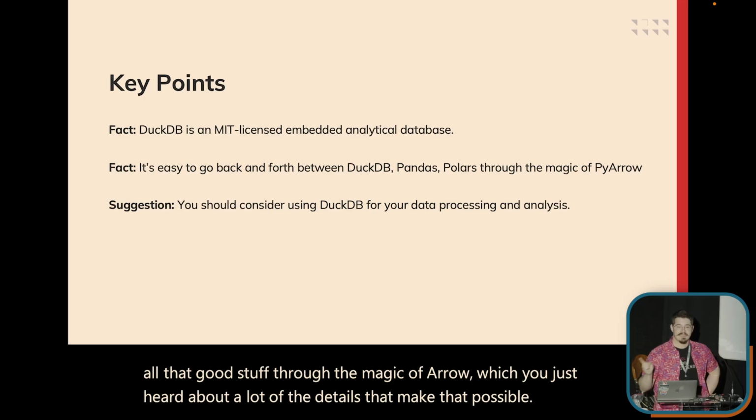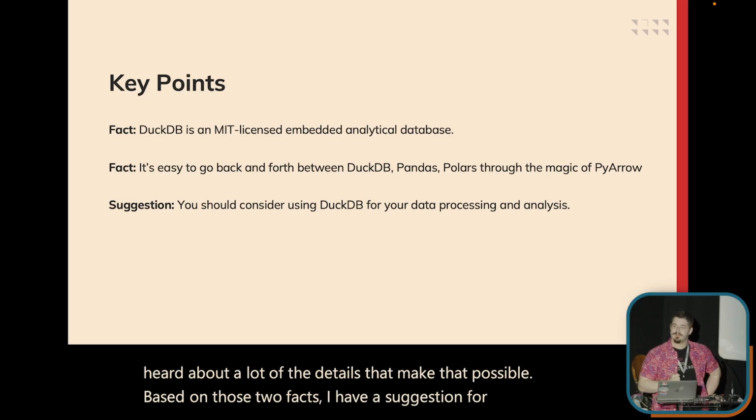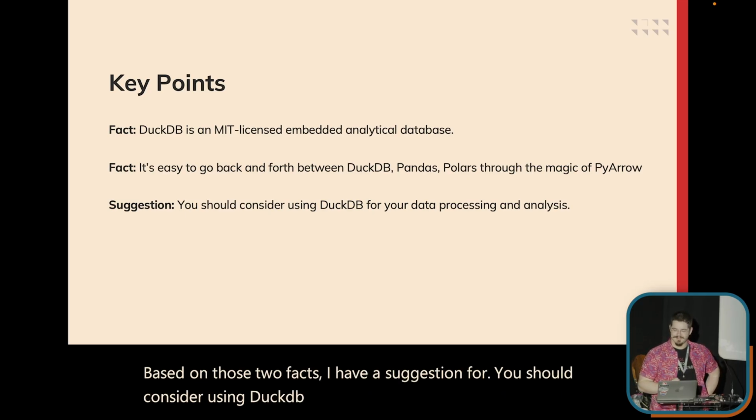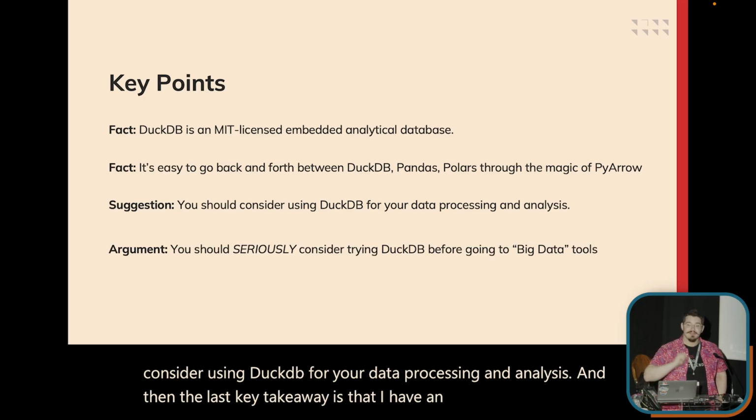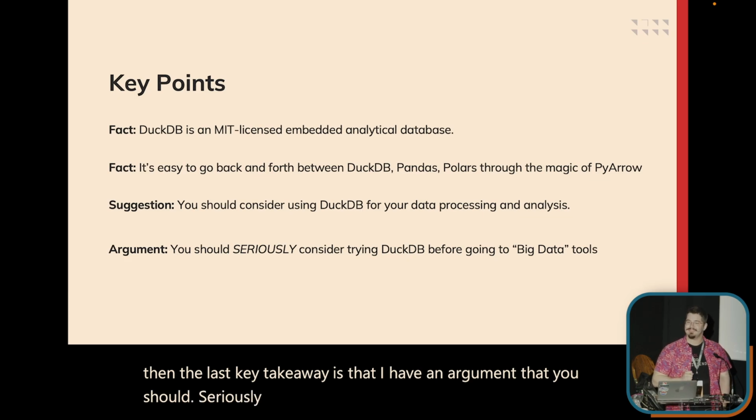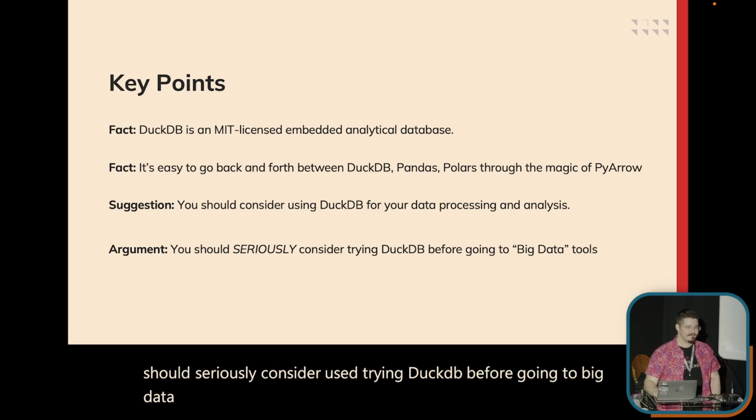Based on those two facts, I have a suggestion for you. You should consider using DuckDB for your data processing and analysis. And then the last key takeaway is that I have an argument that you should seriously consider trying DuckDB before going to big data tools. And I'll get more into that towards the end.